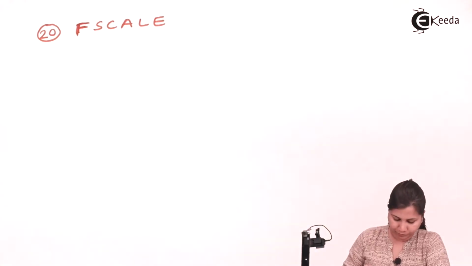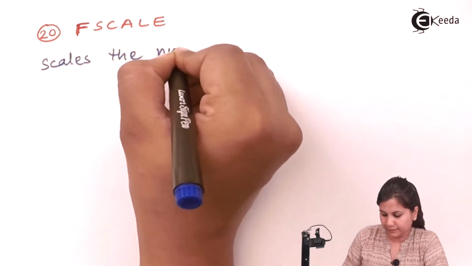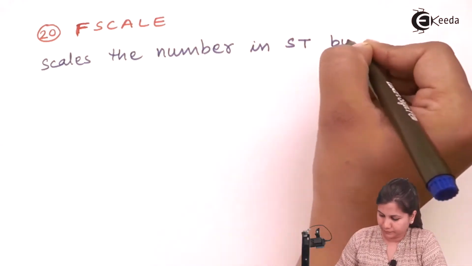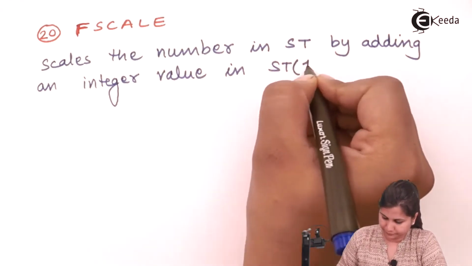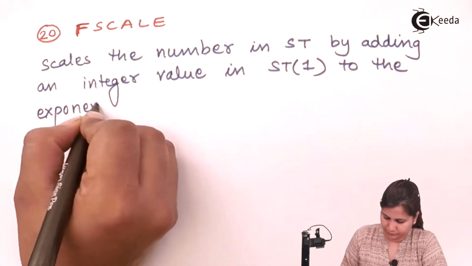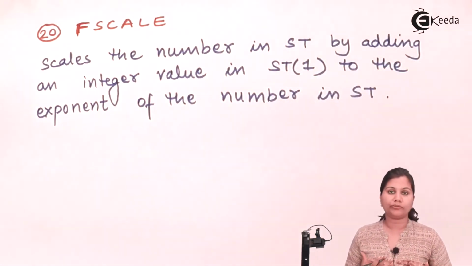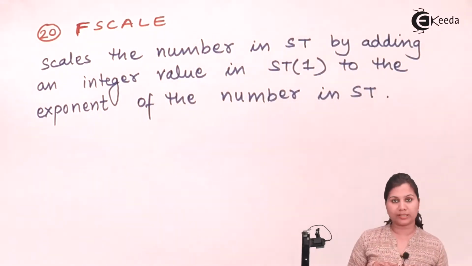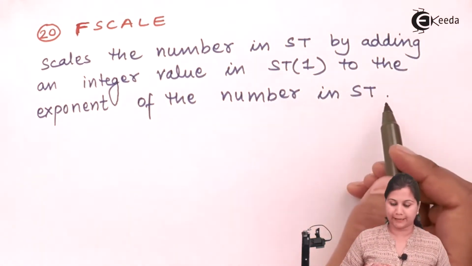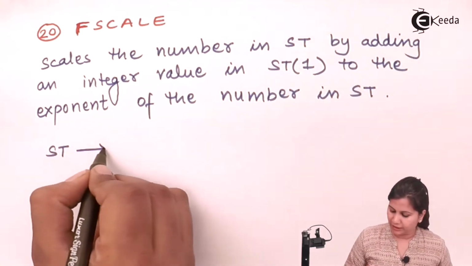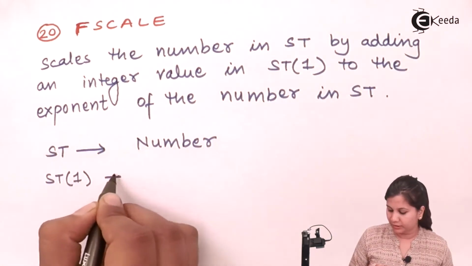Now what this instruction does is scale the number in ST. How is this scaling done? By adding an integer value in ST1 to the exponent of the number in ST. Suppose at the top of the stack ST we have the number, and at ST1 we have an integer.